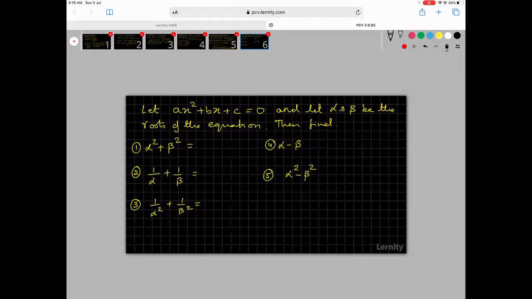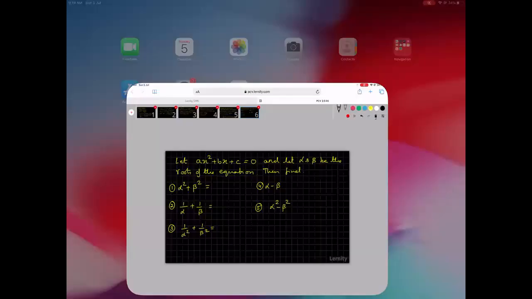Then find alpha square plus beta square, then 1 by alpha plus 1 by beta, 1 by alpha squared plus 1 by beta squared. These 5 questions are there. Okay, so please work on that.